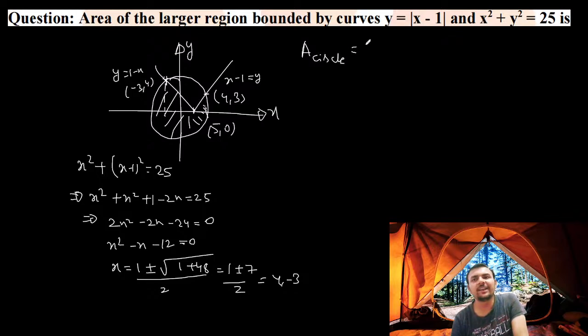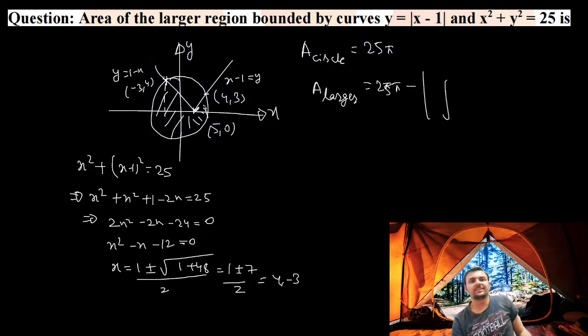Area of circle is pi r square, which is 25 pi. So area of larger region is 25 pi minus integration. This length, x is minus 3 and this is 1. So 4 and height is 4, 16. So 8.